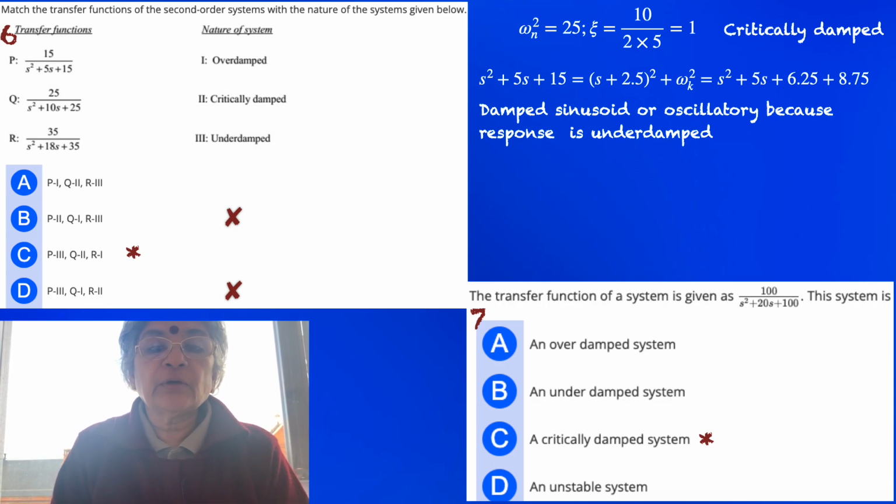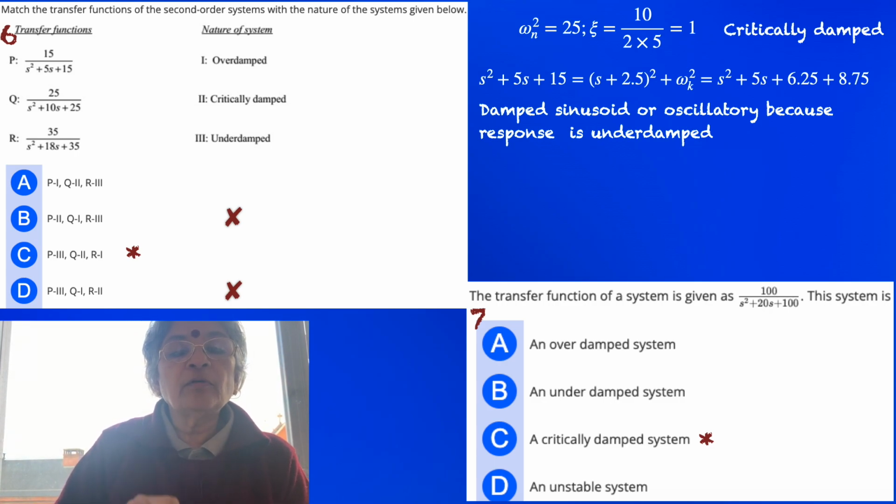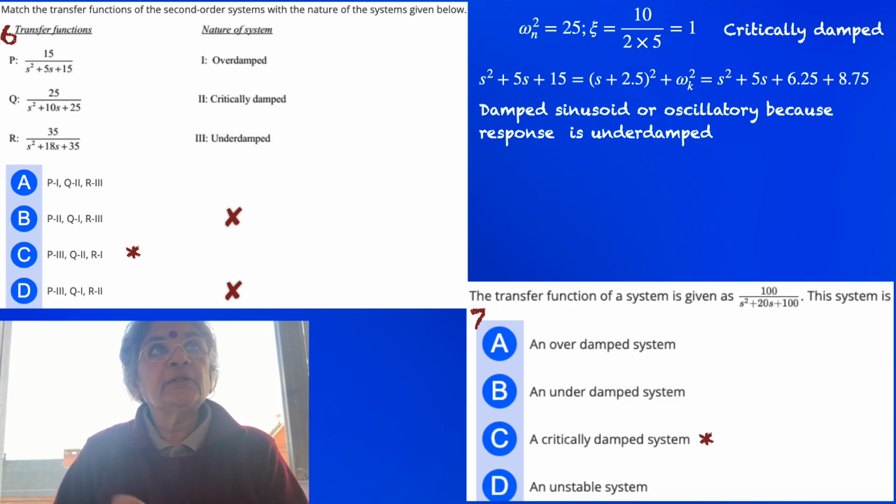Okay. Now let's look at the first one, s square plus 5s plus 15. Once we solve one, the other one comes out automatically. So we can look at any of them, but it's better to go for the case where we have a small value for eta, in the combination 2 eta omega n. So we have 5 there.